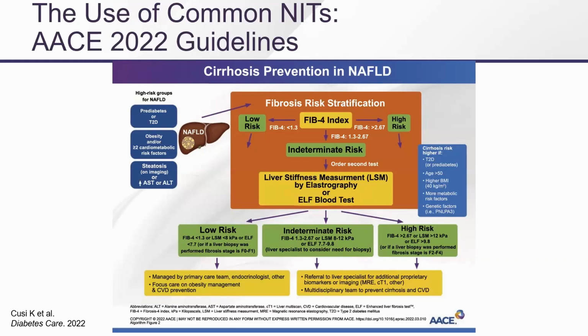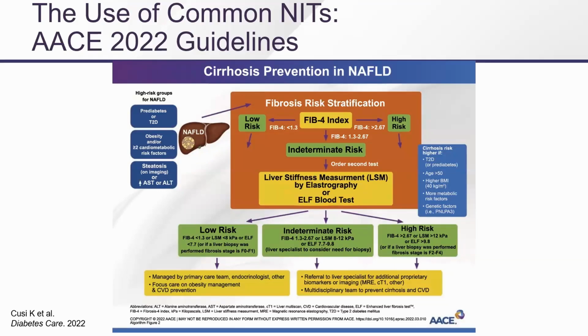So once we've identified the patients to be concerned about, we're going to calculate their FIB-4. If they fall into the intermediate category, we will look at additional non-invasive testing, such as vibration-controlled transient elastography, MR-based testing, or potentially ELF.